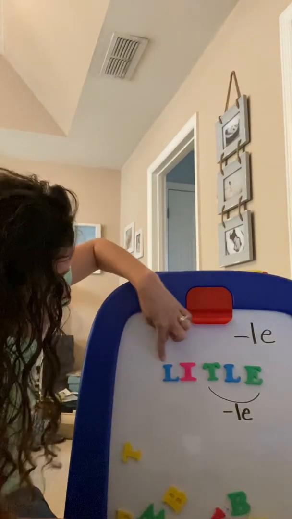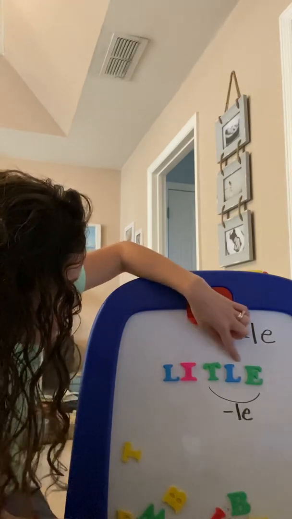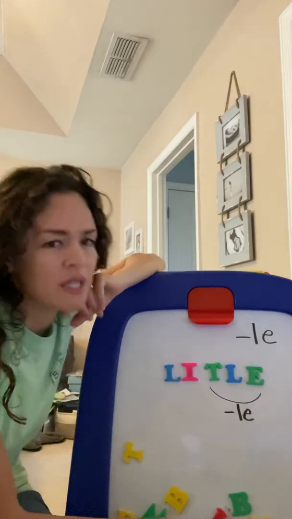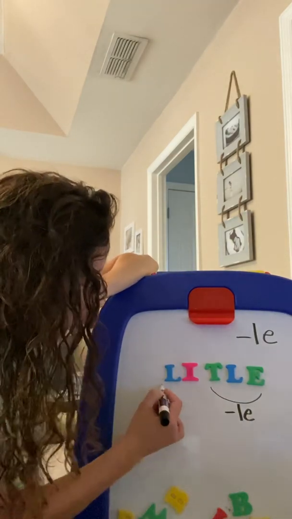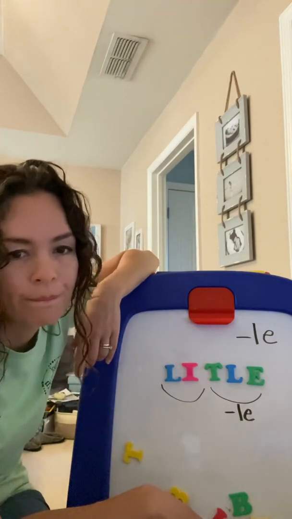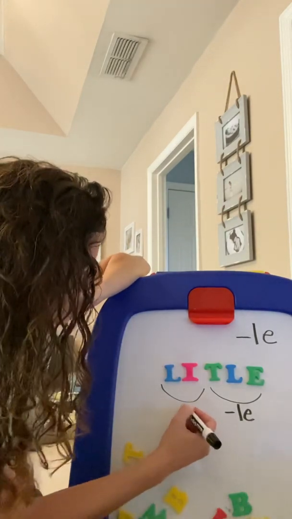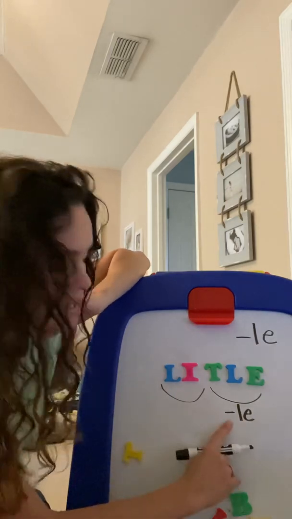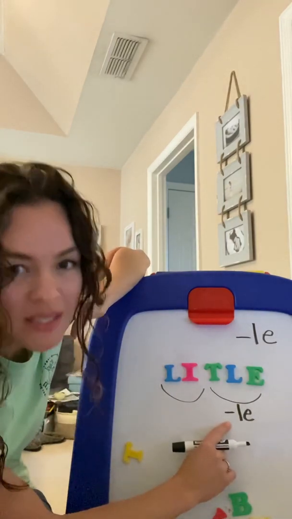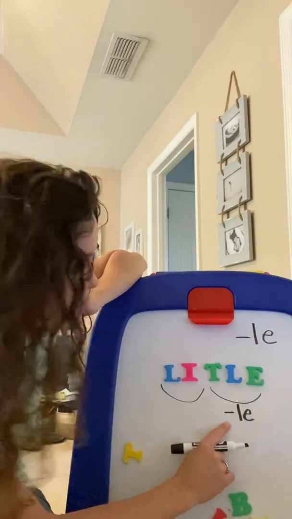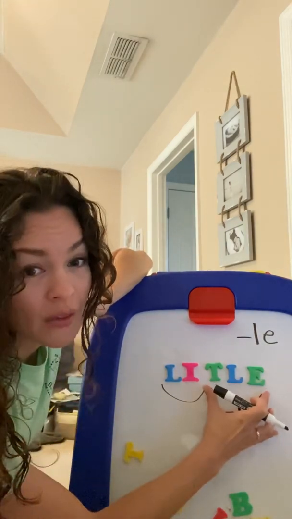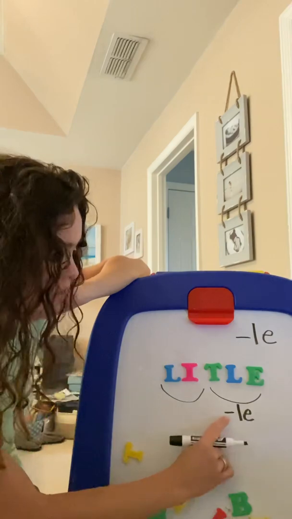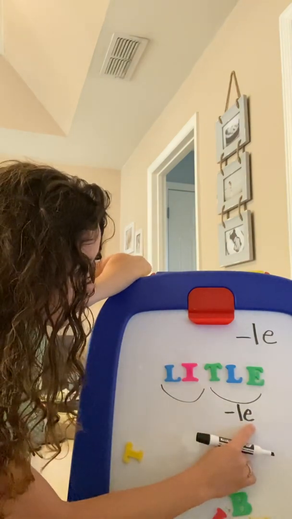I have all of the sounds, but for some reason that doesn't really look right. Little. Do you see what happened? This vowel is hanging out in the open because this syllable type has to have a consonant with it. This has to be scooped together. That's its own syllable type. Consonant LE. Okay?